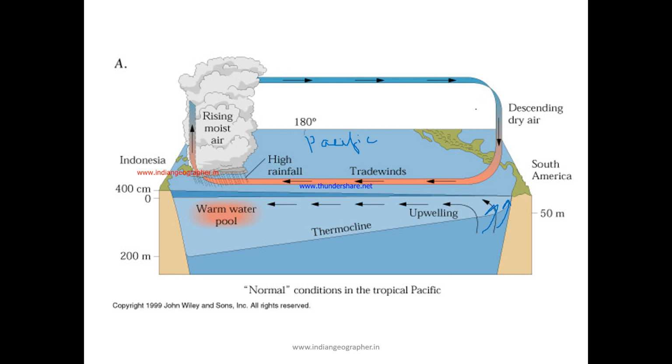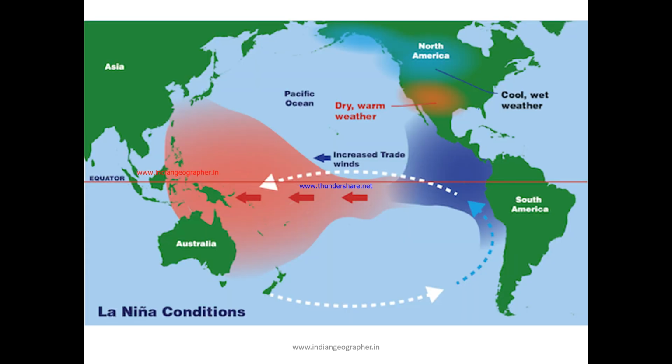Sometimes what happens is that this situation gets extended, so it goes on a longer drive, or overdrive, you can say. That situation is termed as La Nina, the extended normal condition. So what is happening here is that the trade winds are stronger, and they push a greater amount of warmer water, and this warmer water enters the Indian Ocean area, especially the islands here.